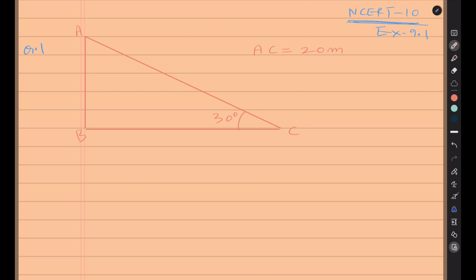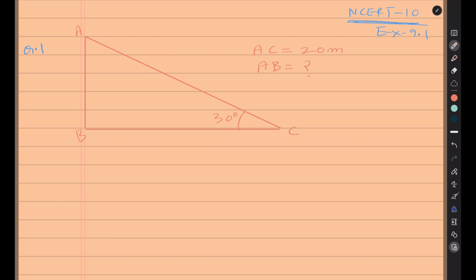We need to find the height of the pole. So we are just trying to write down in mathematical form what is given and what we want to find out. The top of the tower height will be AB, isn't it?